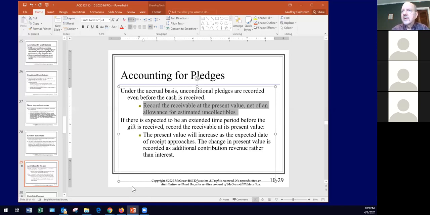Do you suppose that anyone ever promises Belhaven that they're going to give them a contribution and then they never do? Yes. Yeah, it probably happens a lot. And so you have to figure out how much of these pledges are going to be uncollectible. Now, let's compare this to accounts receivable.